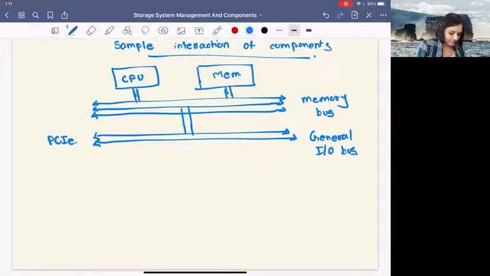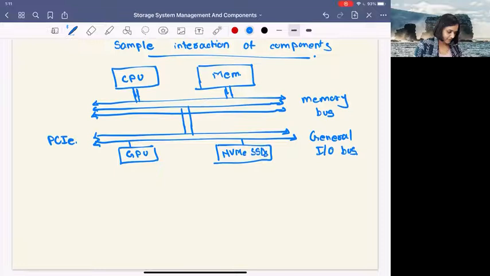And over this PCIe bus, different devices like your GPU, NVMe devices, so NVMe SSDs could be connected.